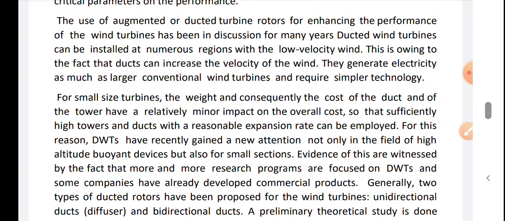So many specific regions are there where the wind velocity is very low, so these ducted wind turbines can be installed there because the ducts can increase the velocity of the wind. These generate electricity as much as the larger conventional wind turbines at a reduced cost.